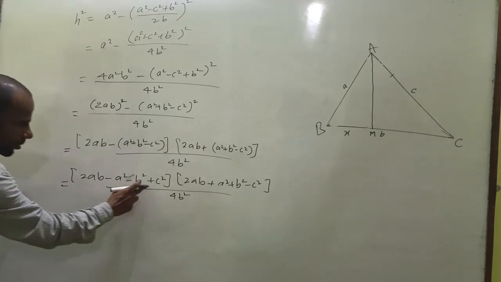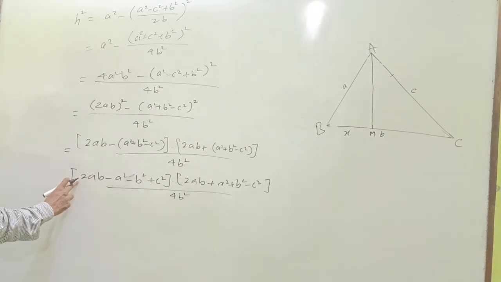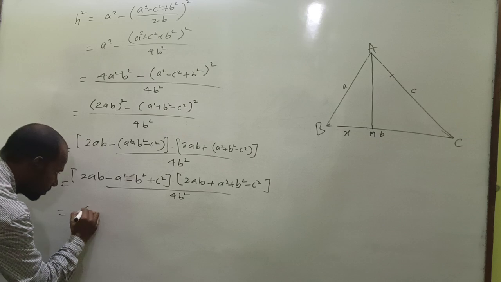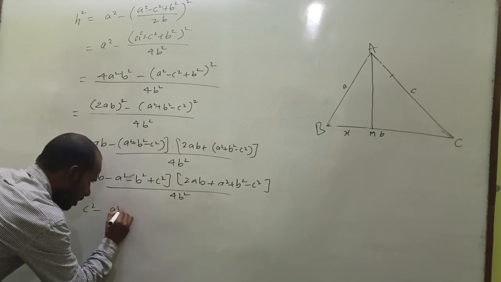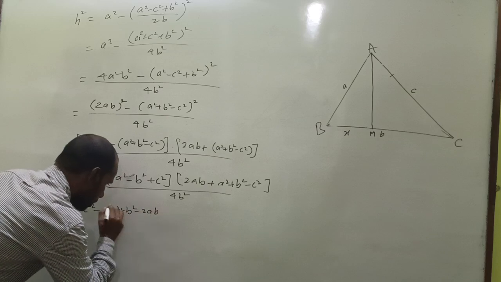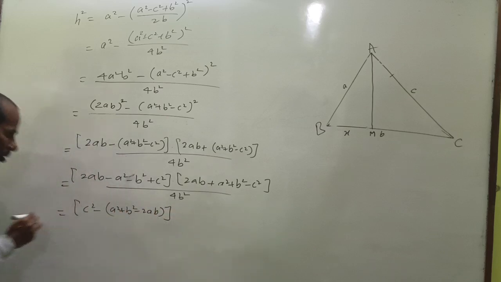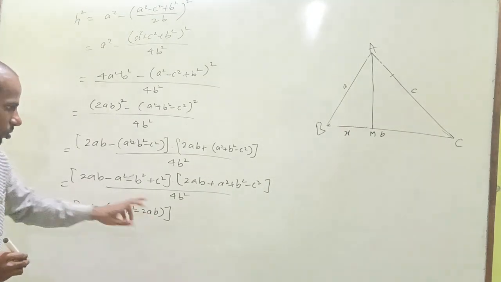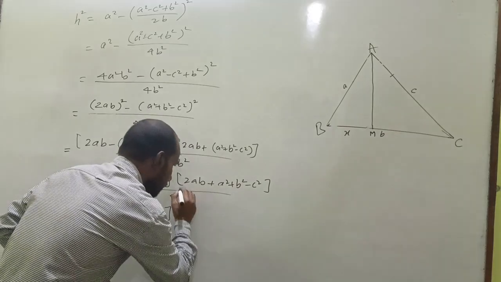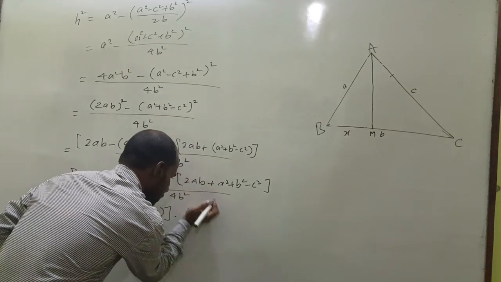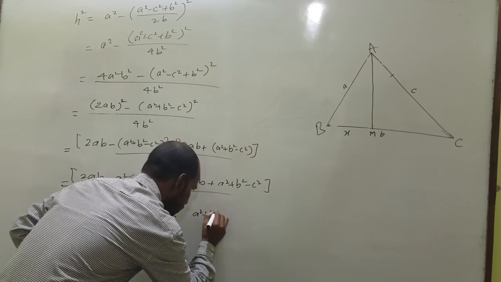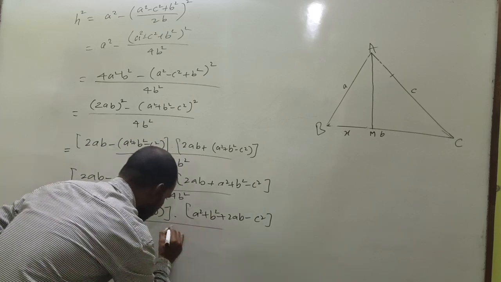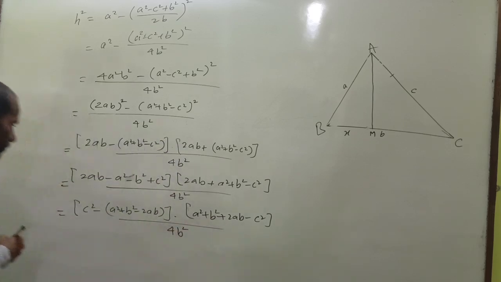Now arrange these terms, write c square first and then take common minus from all these three terms. So this will become c square minus (a square plus b square minus 2ab) in a bracket. This will look like c square minus (a square plus b square minus 2ab), and this one is the same, a square plus b square plus 2ab minus c square, and the denominator is 4b square.